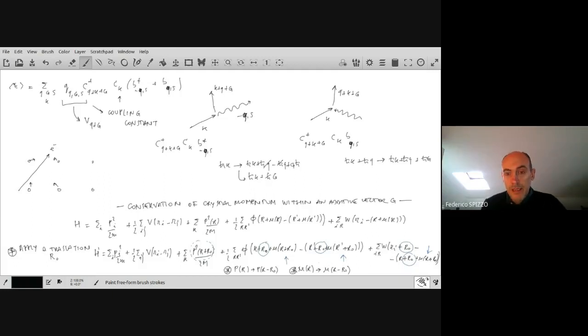So this is the symmetry of the Hamiltonian that is related to the crystal momentum conservation.